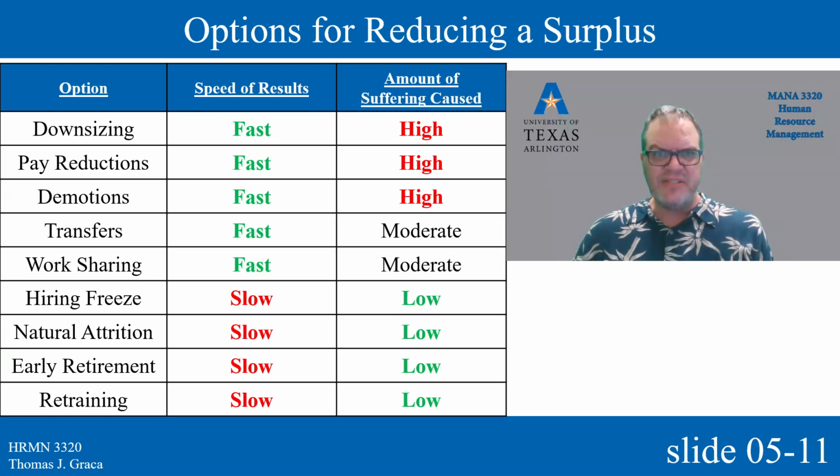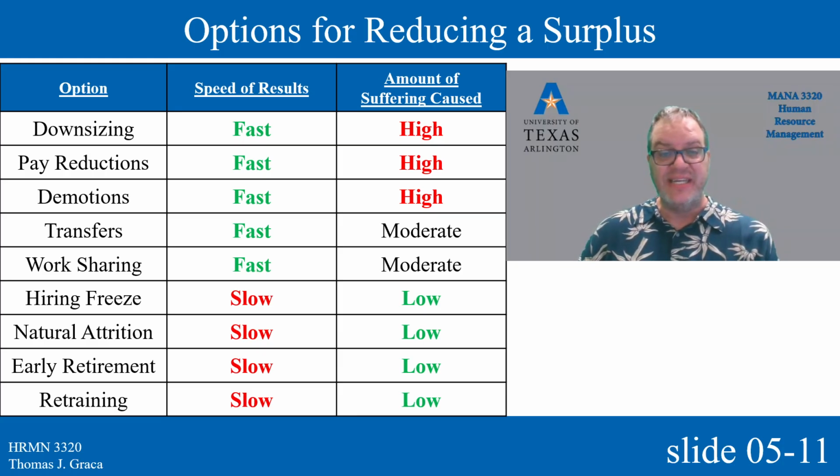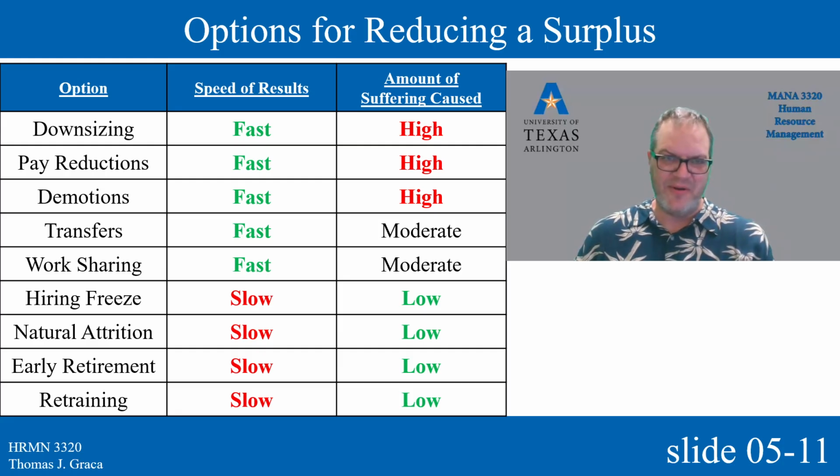This first table looks at a variety of strategies that one might employ to reduce a surplus. One option for reducing a surplus is downsizing. Downsizing is doing layoffs, reduction in force, whatever you want to call it. It's taking people who currently work for you and telling them they're no longer going to work for you.